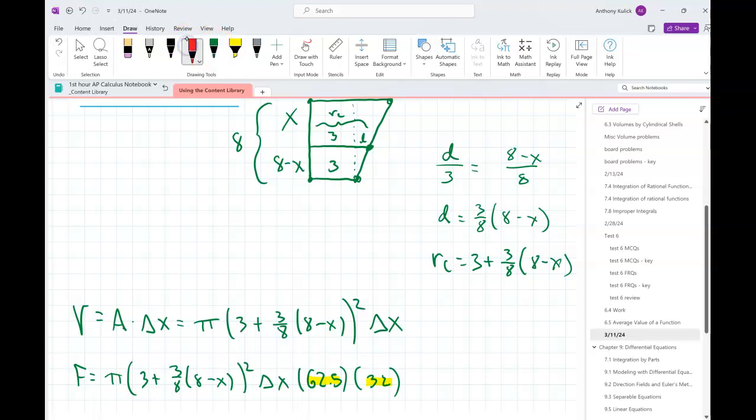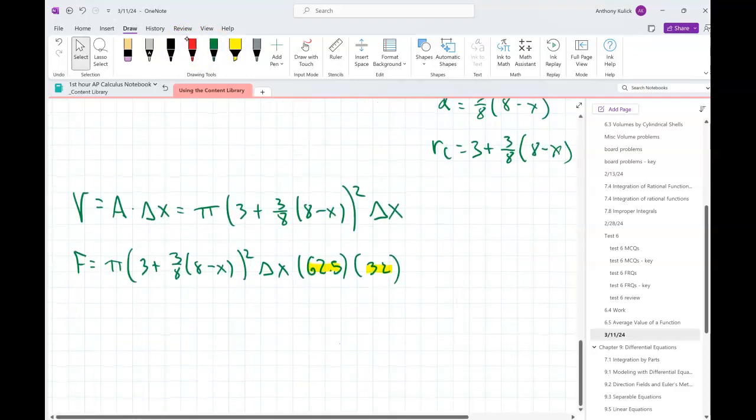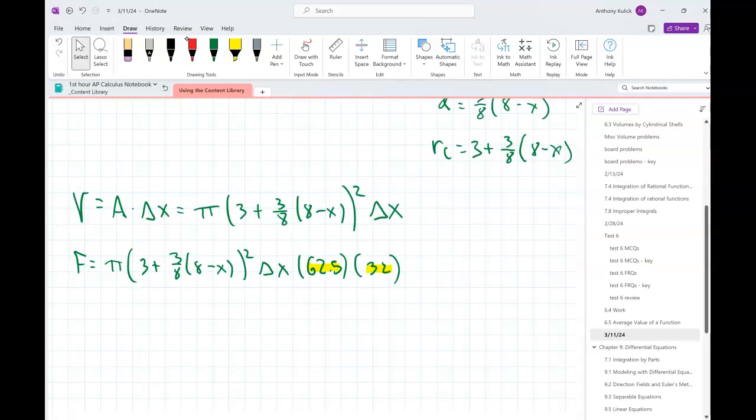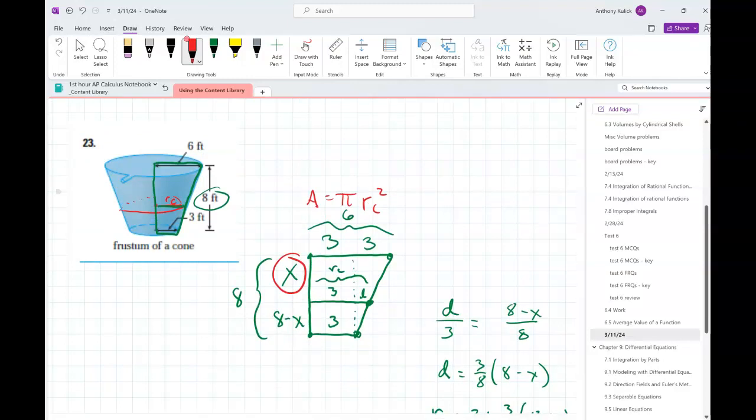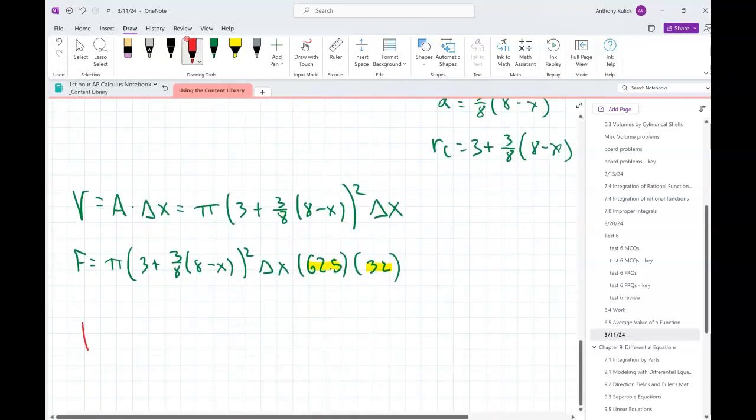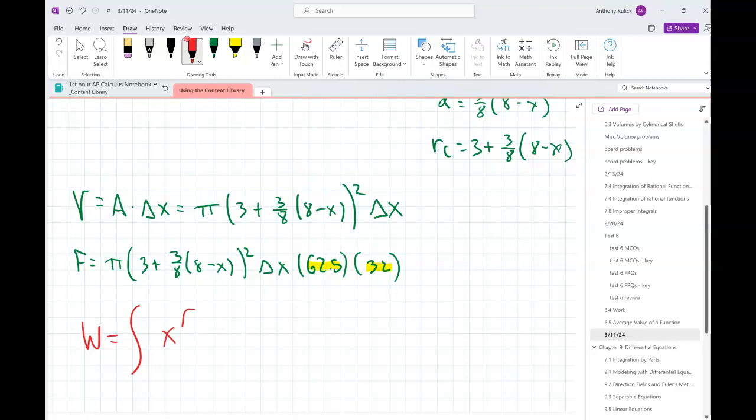All right. So we have our force equation. So let's see here. Our work is this is our x, right? That's the distance we're pumping, because that's like this distance here. So the work should be the integral of x times, actually, let's be smart about it. Let's take all those constants and write them in the front.